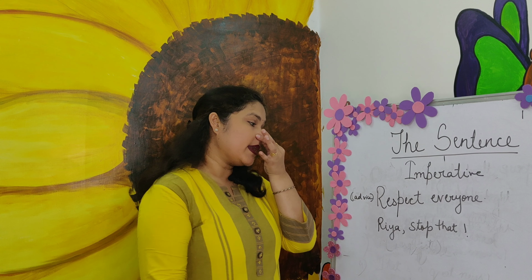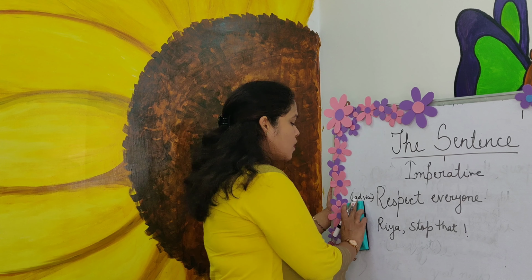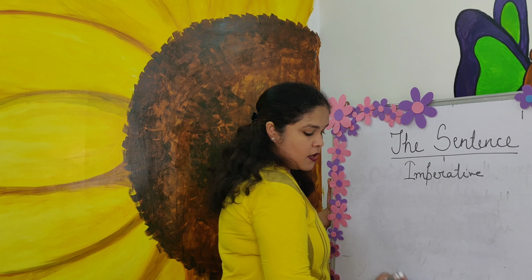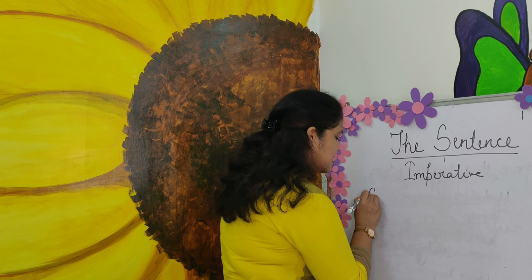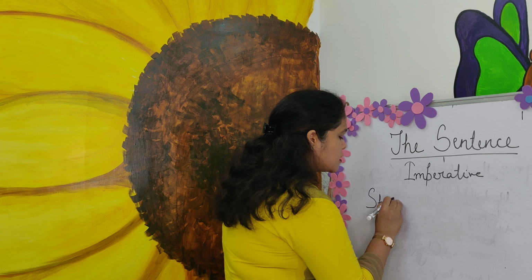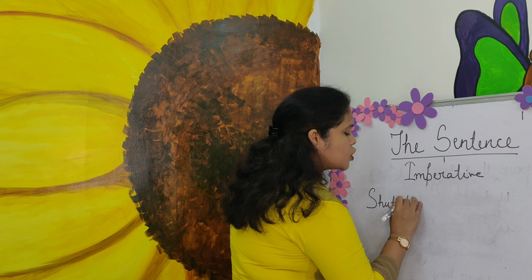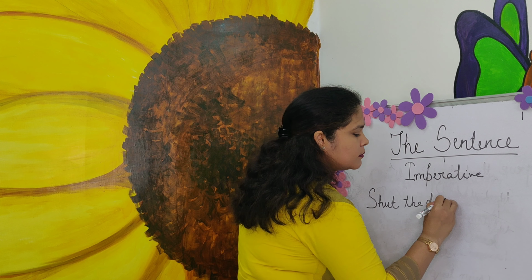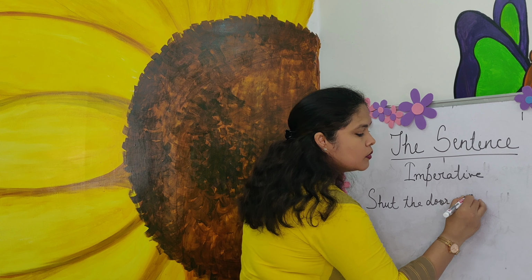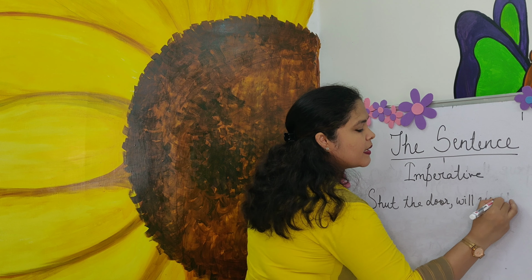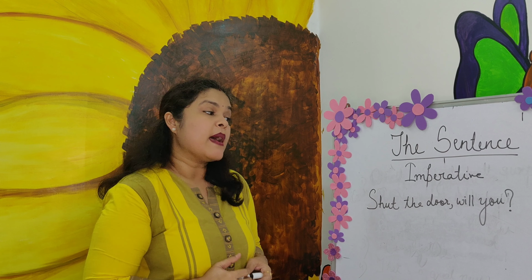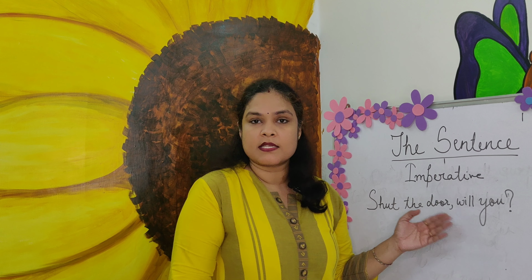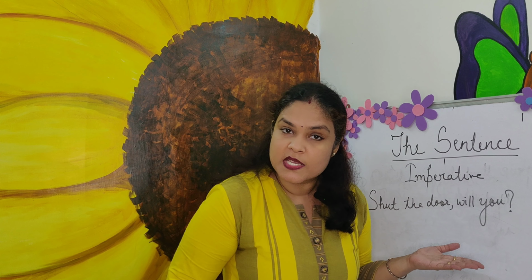We will see one more example, and that's also a very important part. Okay, let's see this. "Shut the door. Will you?" And it's ending with a question mark. You will again tell me, ma'am, it's ending with a question mark, so this is a question which is being asked, so this will be an interrogative sentence.